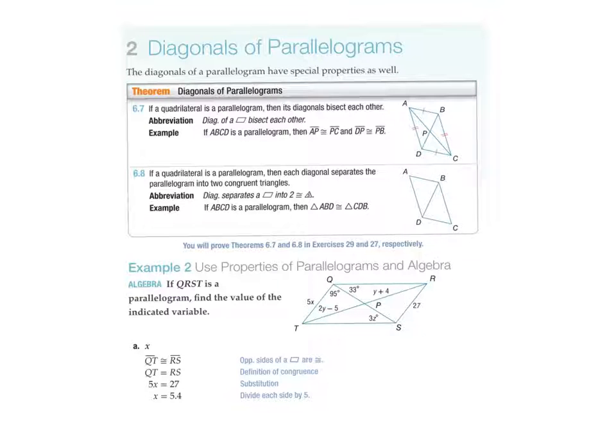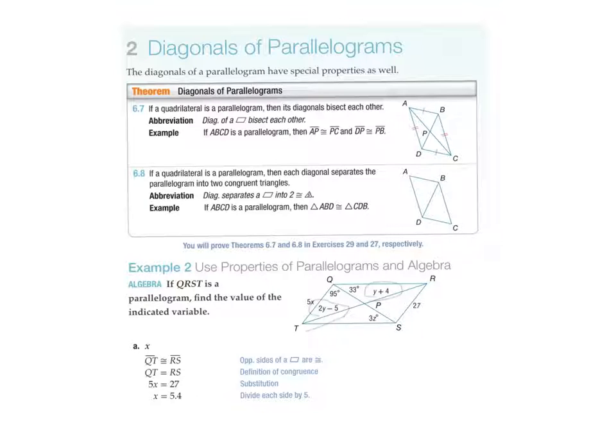And here's the one that's going to give you your algebra. Again, be very careful. Make sure you look at each of the diagrams. So for instance, if I look at TP, that gives you 2y minus 5, and then y plus 4. They must equal each other. Substitute in and solve, and again work out what it's asking you for.